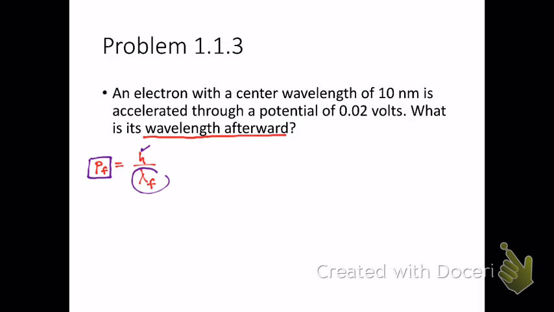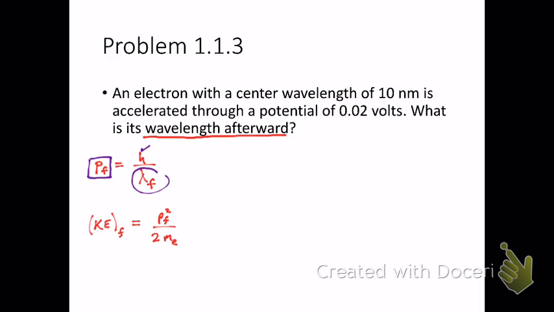We need to bring another equation in to solve this. Something that will help us to solve for the final momentum, well, let's use kinetic energy. The kinetic energy at the end of the process is equal to the final momentum squared over 2 times the mass of the particle, which in this case is the electron.